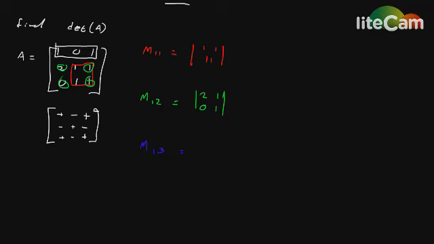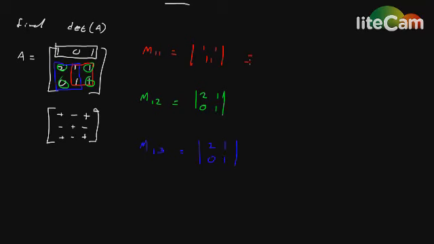So we delete row 1, column 3, and what's left behind is these guys. So we need to find the determinant of that matrix, which is 2, 1, 0, 1. Take the determinant of it.